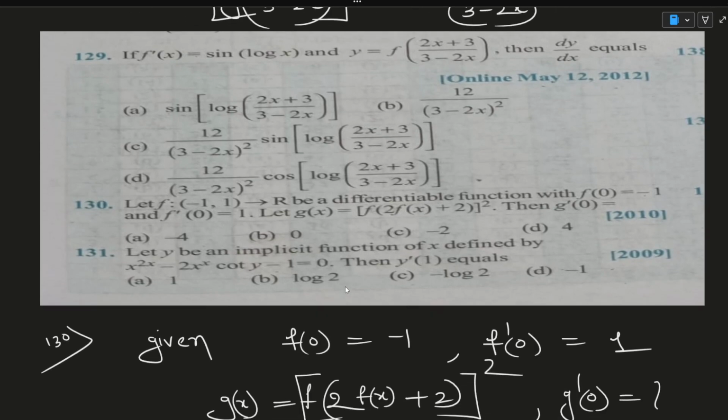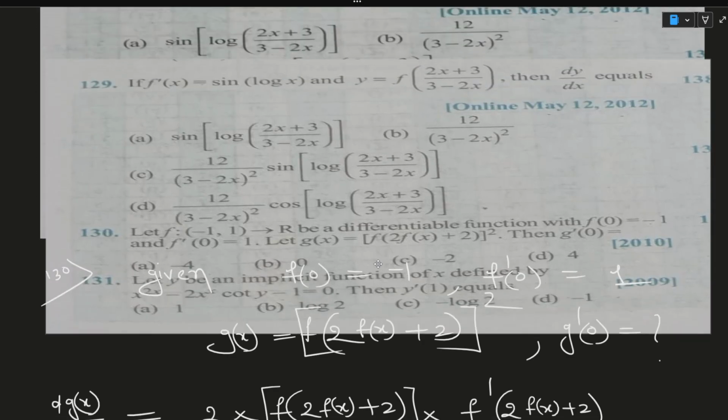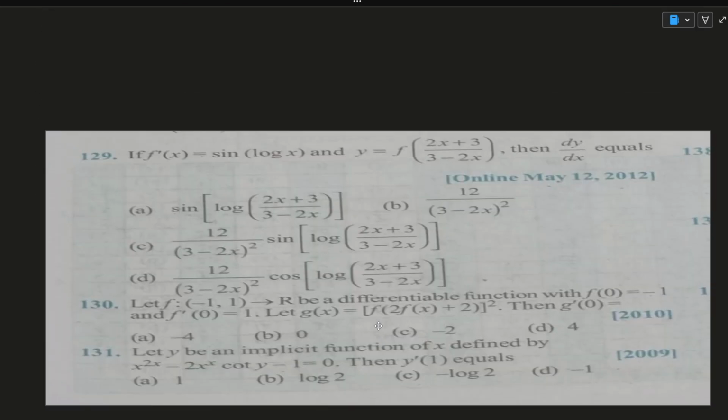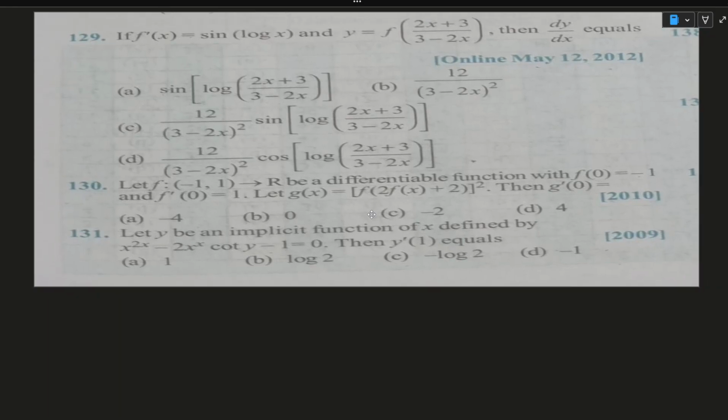Now we'll solve another question, that is question number 131.